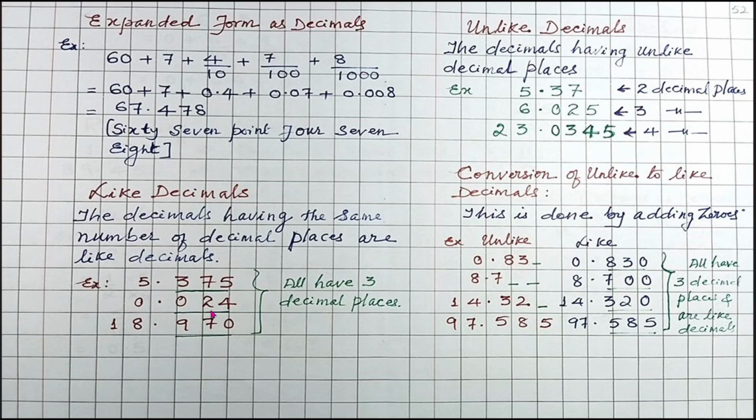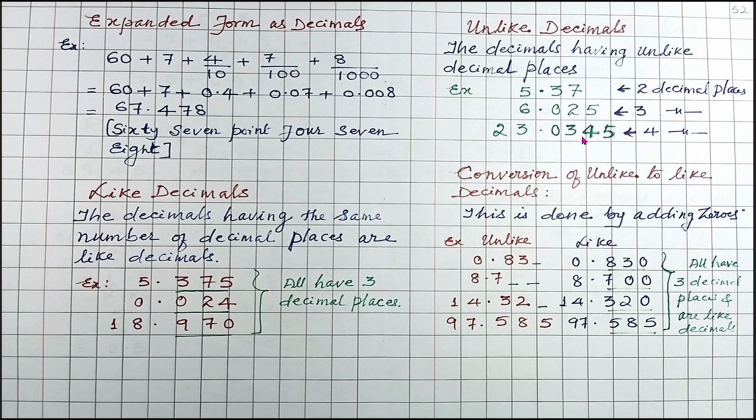Therefore they are all called like decimals. Remember that decimals having the same number of decimal places are like decimals.